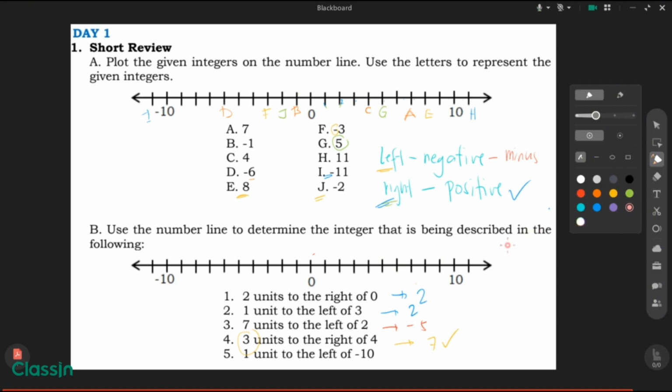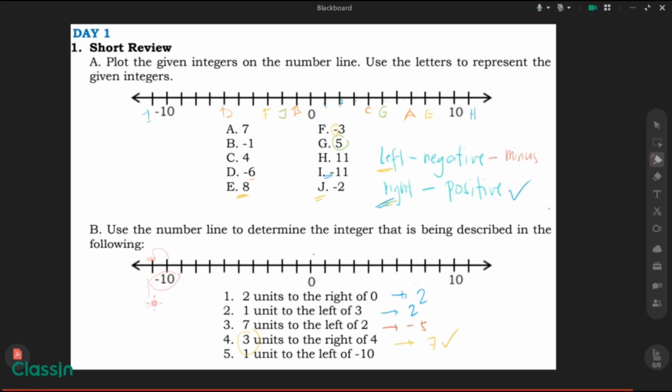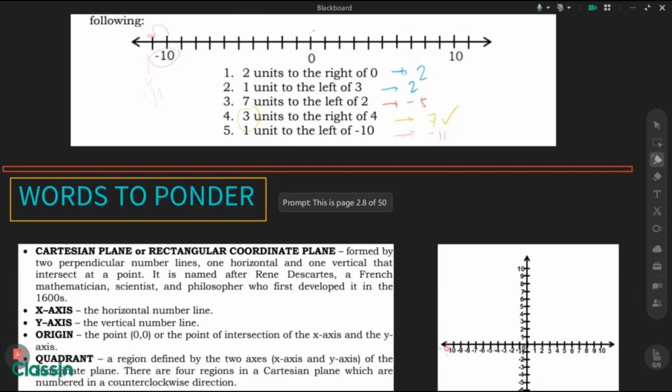Last number, 1 unit to the left of -10. So we are in here, and then we need to move to the left. So meaning we will be having -11 as our answer. All right, very good. That's just a short review.